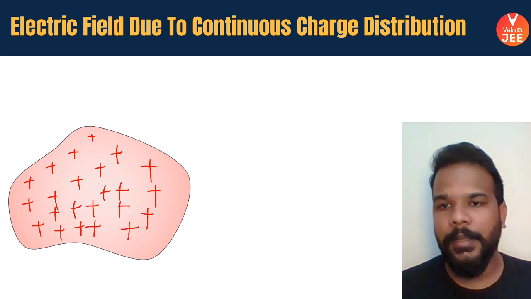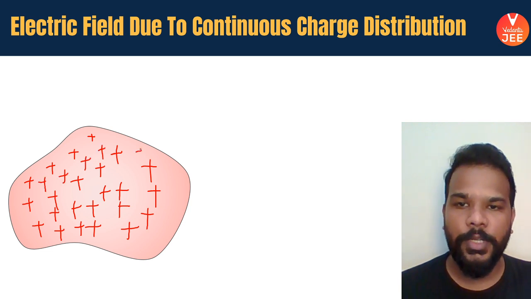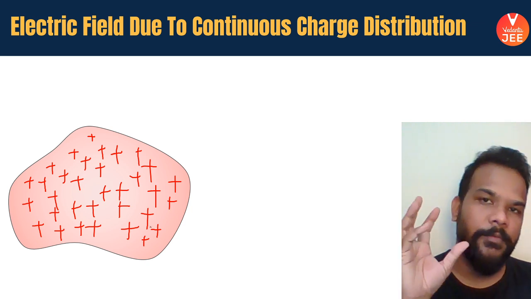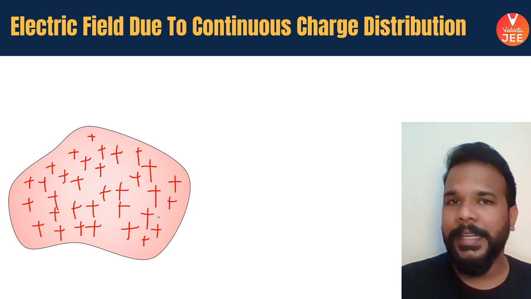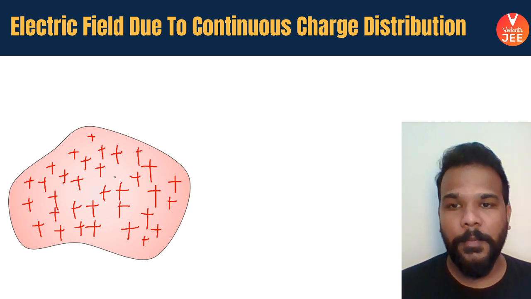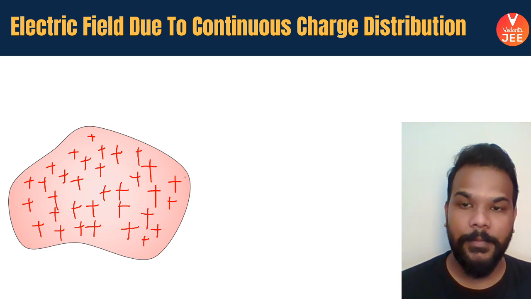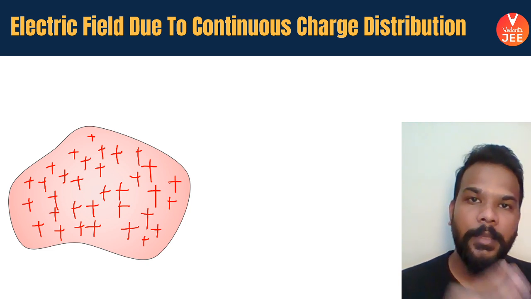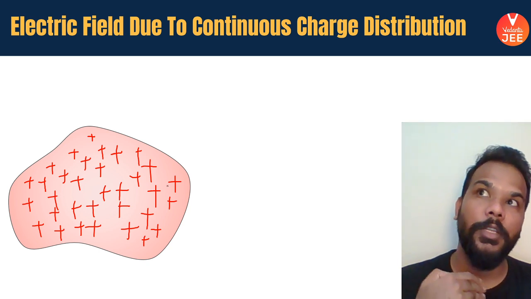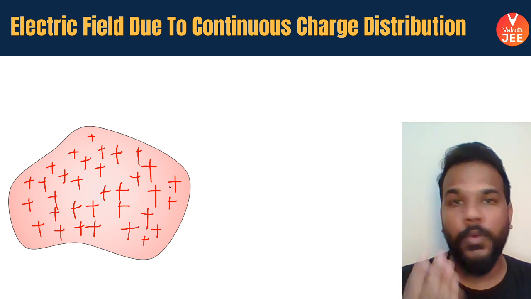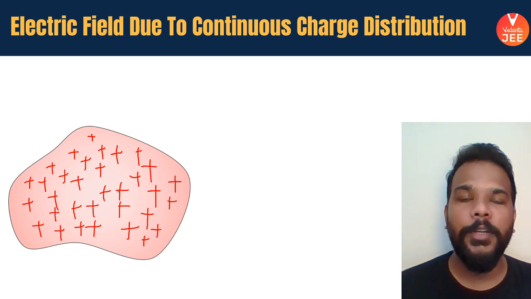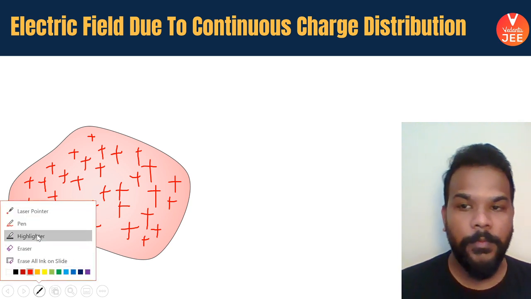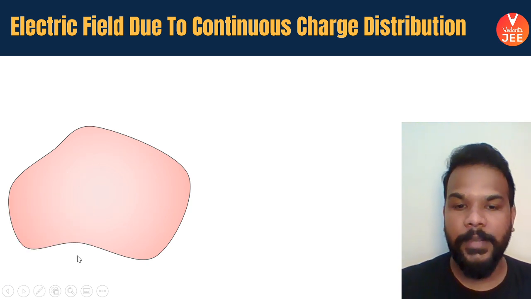The problem is that, unlike the discrete charge distribution which we discussed in the previous session, I'm not able to distinguish where one charge starts and where it ends and where the other one starts. There is no boundary between the charges. So I will not be able to apply the principle of superposition as we were applying in the case of discrete charges placed on the corners of a triangle, a square or a hexagon, anywhere. So in that case, what am I supposed to do?